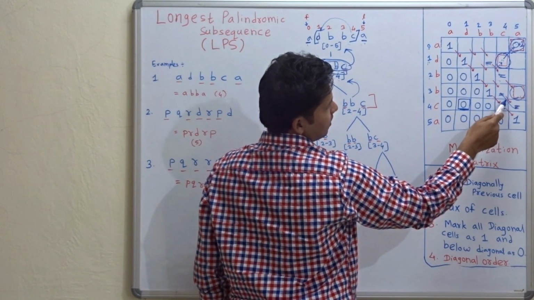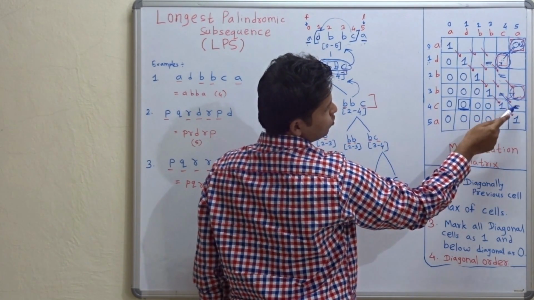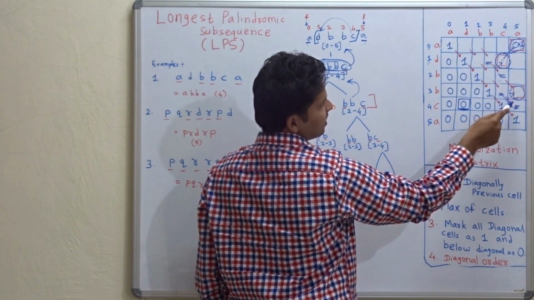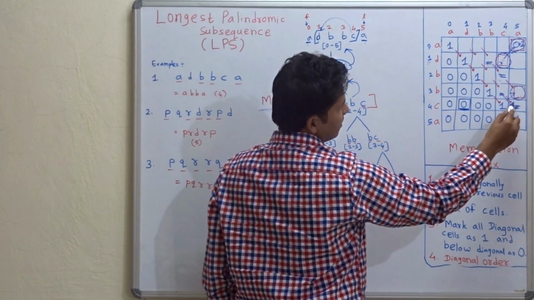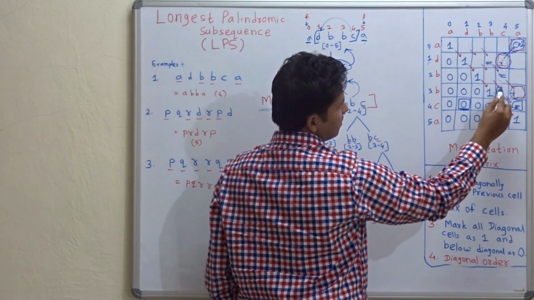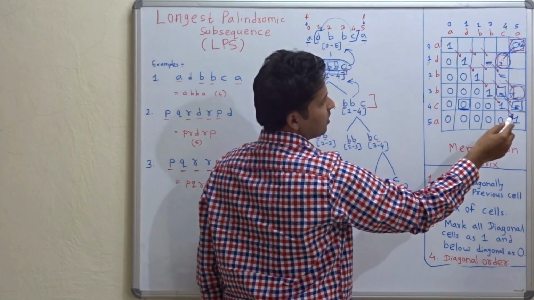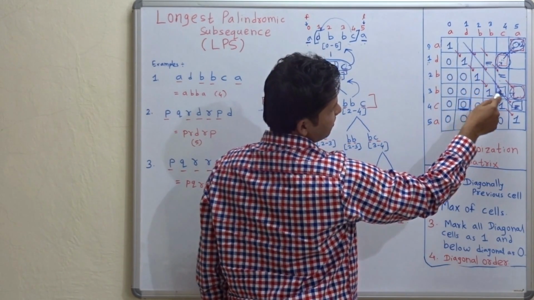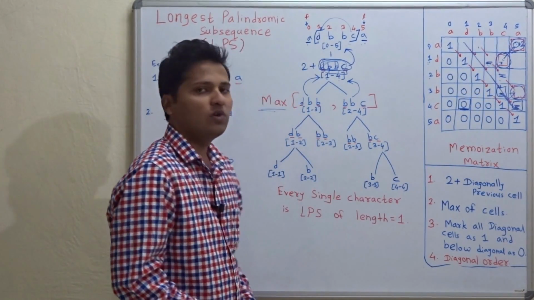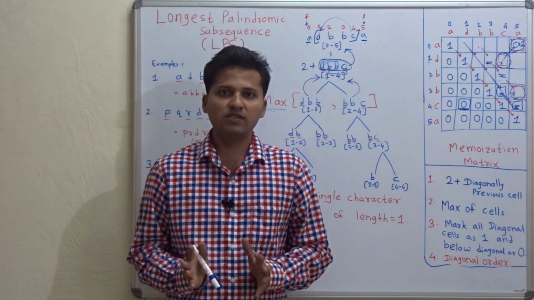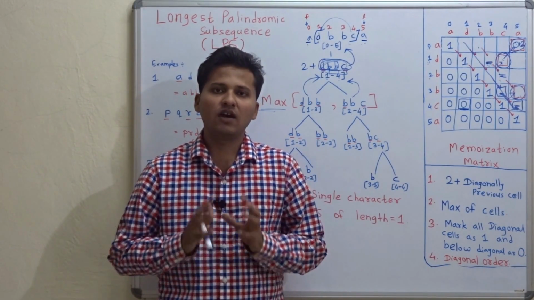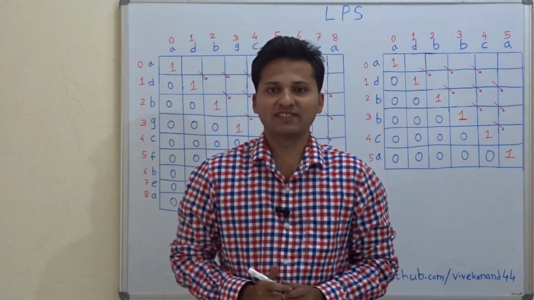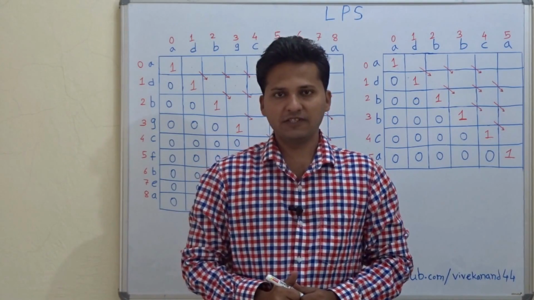For the max of these two cells, it is necessary that these two cells are already populated with their values. So you can see all these are in diagonal order. Now we will solve the real examples and you will understand the algorithm very clearly after we solve the examples. So let's solve some examples and see how the algorithm works.